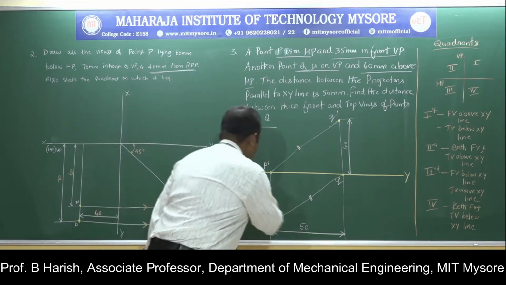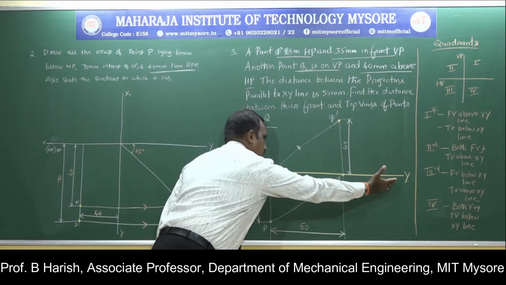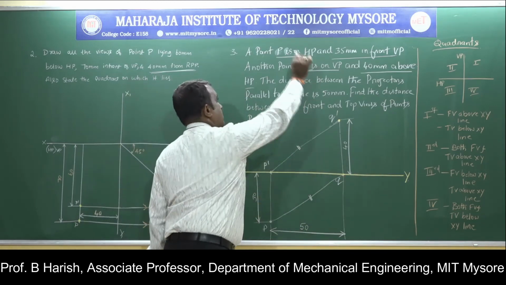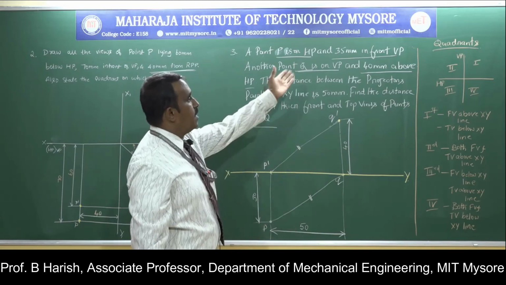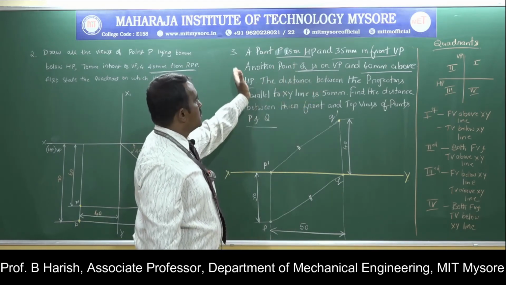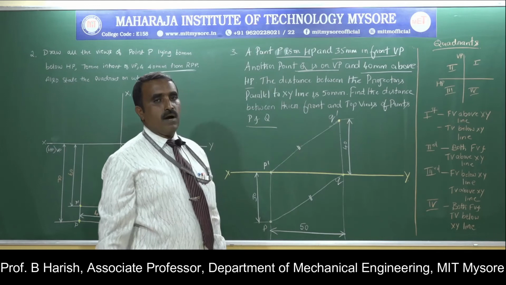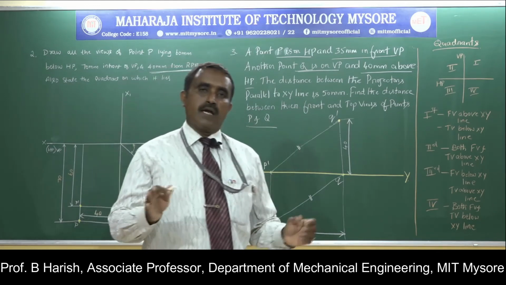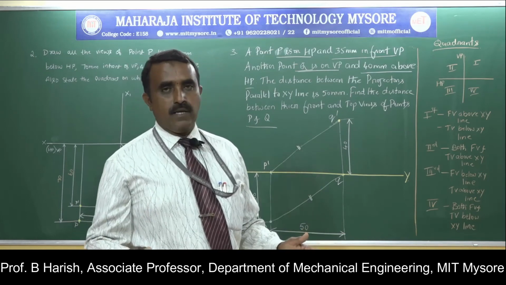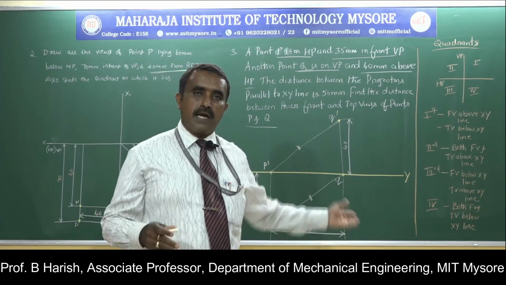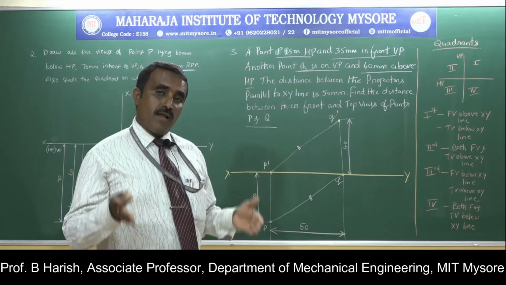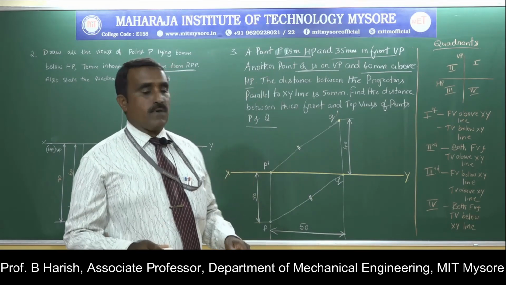So first I will draw the XY line, capital X, capital Y. Then take the point P. It is 35 mm in front of VP and it is on HP. Whenever a point is on HP or on VP, it will be represented on the XY line.